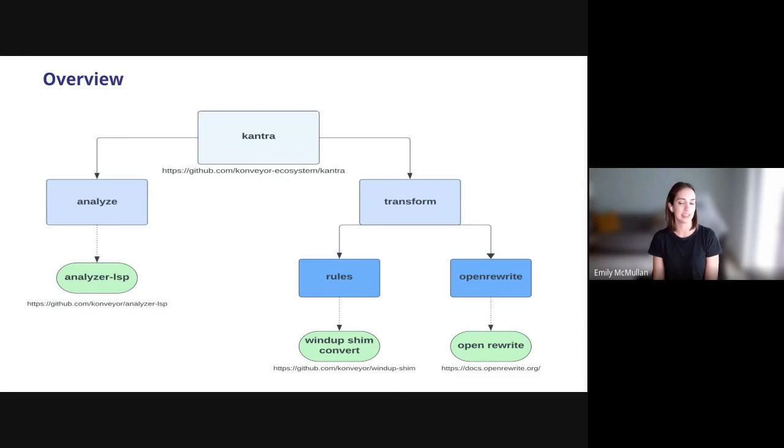Analyze is essentially a wrapper CLI around the analyzer LSP, and transform has its own two subcommands, rules and open rewrite. Rules is essentially, if you're familiar with the windup shim convert command, to convert XML rules into YAML, and open rewrite will help transform the application source code given target recipes that we have.